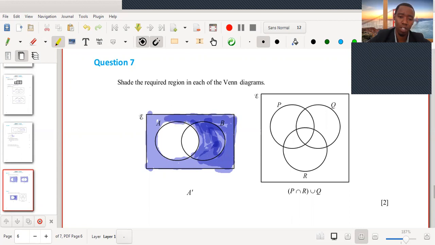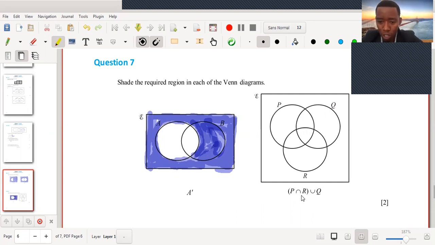Make sure that it's very clear. Just some shading. The outside of A. Okay, good. So then let's go to this one here.